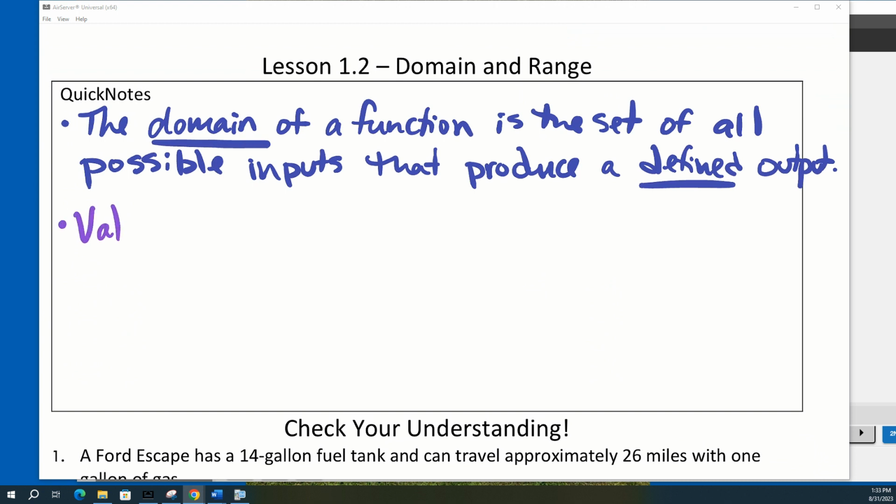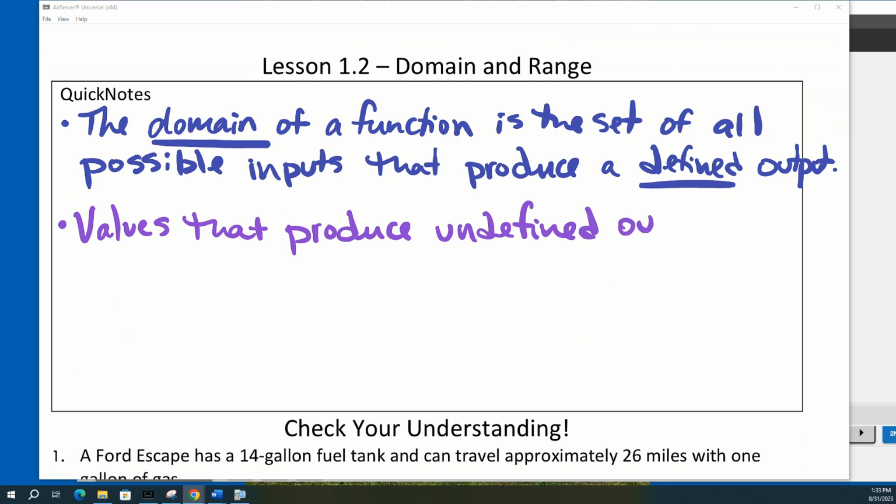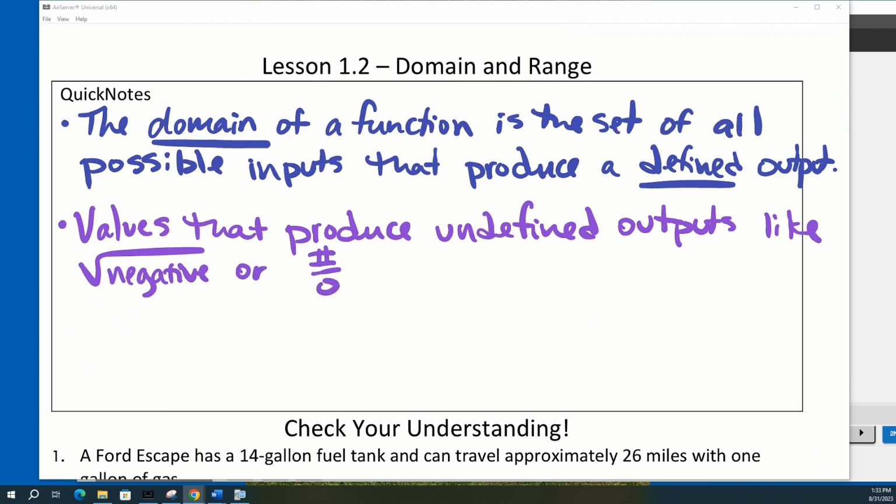So values that produce undefined outputs or errors, like the square root of a negative or a number over 0, must be restricted.